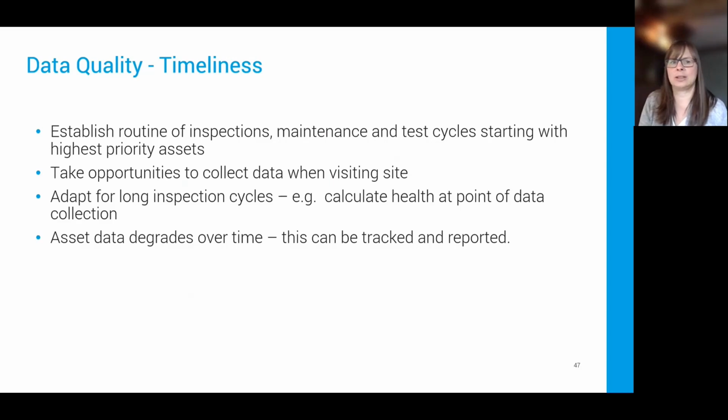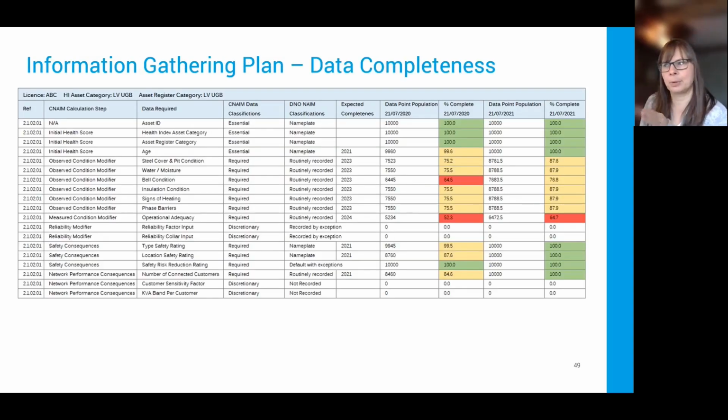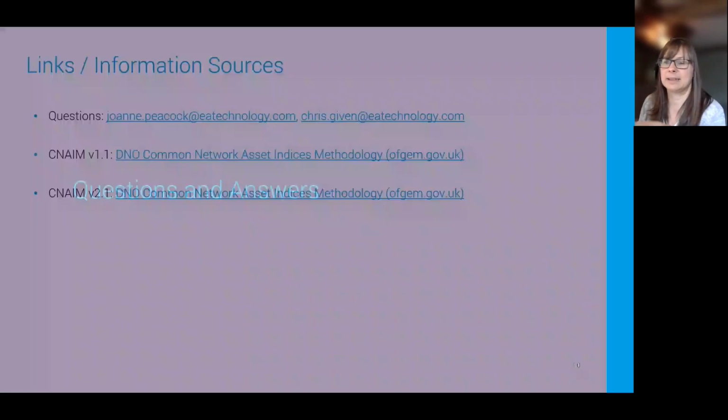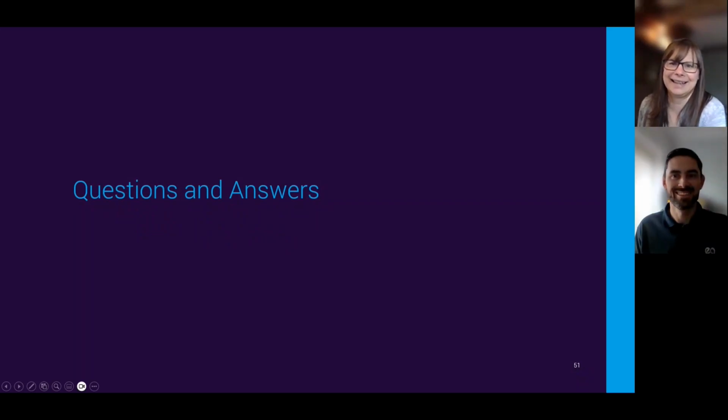You collect it and you know it's true at that point of collection, but over time you're less confident because time has elapsed and other things could have happened to the asset, and you can track that. And then also data completeness, and again I've put an example of a data completeness gathering plan on there. And then there are a few references. I apologise I've run over and talked too much, but if there are any questions, now's your opportunity.